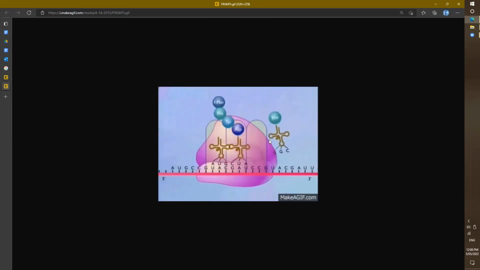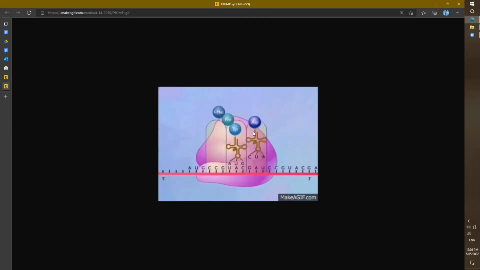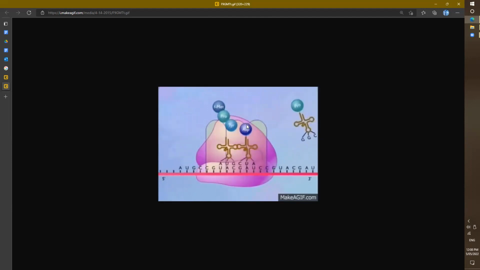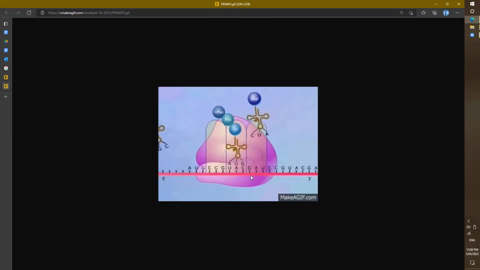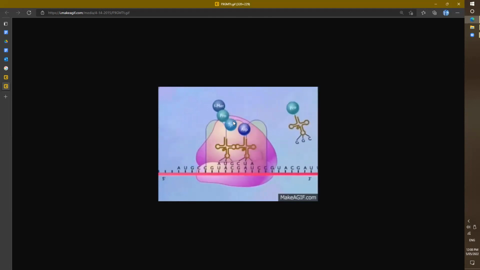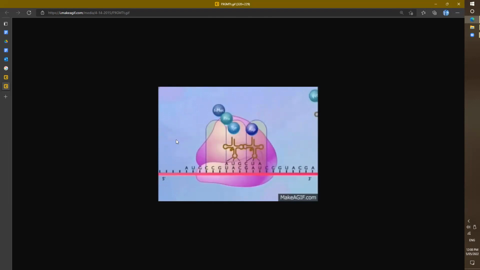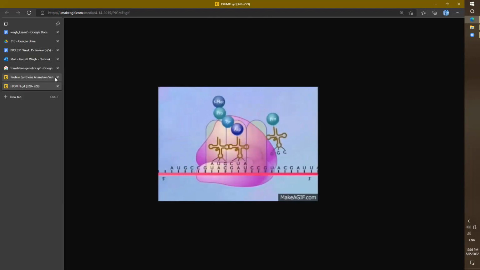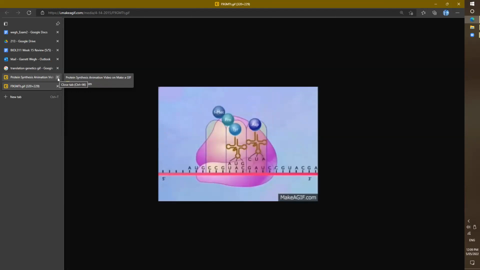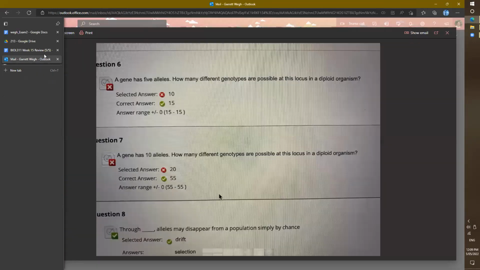We have an anticodon attached to a tRNA that's attached to an amino acid. When you go from the E site to the P site, the amino acid gets linked into this chain. The tRNA comes on, and then it attaches this amino acid to the growing amino acid chain. It's just kind of hard to visualize with static pictures.